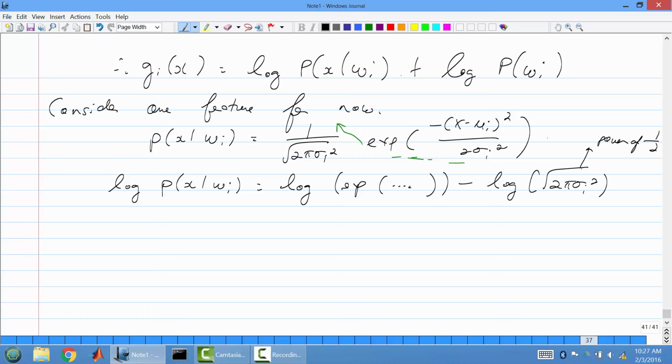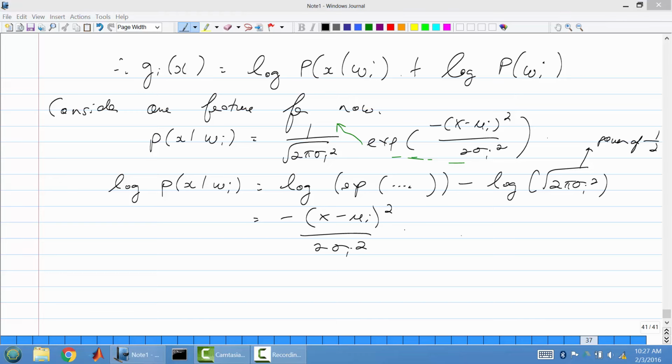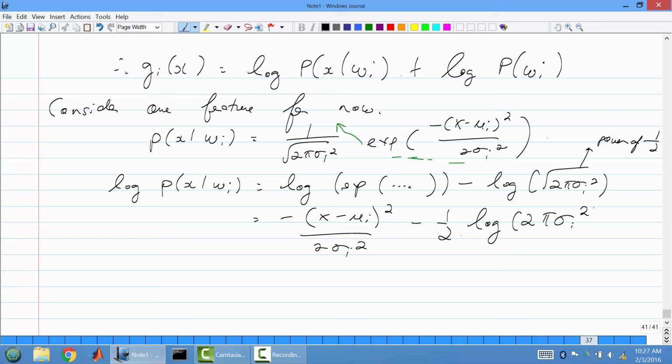If you remember the log rule, you can bring the half down here. And because the exponential goes away, this becomes minus (x minus mu) squared divided by 2 sigma squared, and then this becomes minus a half.